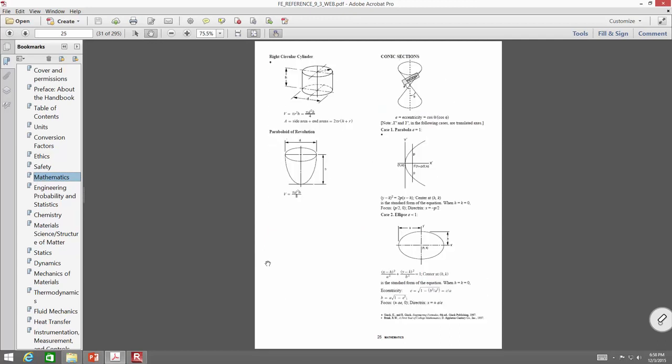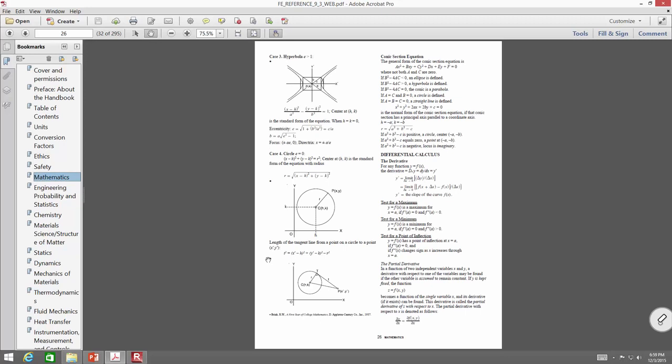Descriptions of conic sections. If you recall from geometry, if you take 2 cones inverted off one another, you can form all of your fundamental graphs by striking a plane through those sections. So you can get a parabola, an ellipse, a hyperbola, a line, a point, a circle, all those fundamental graphs.